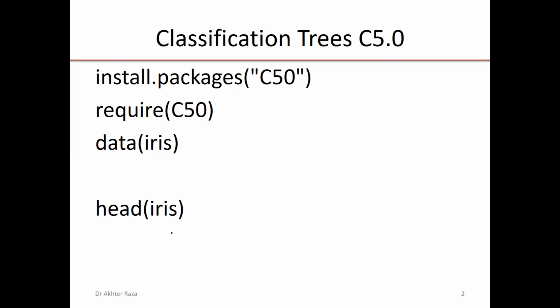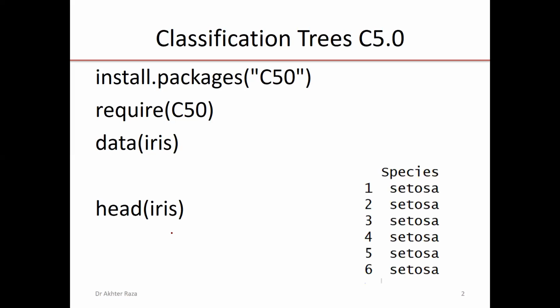The next command is head(iris), which indicates that the first 6 rows of the data will be shown to the users. So these are the 4 simple commands by which we can associate the data and the package with the current session of R.